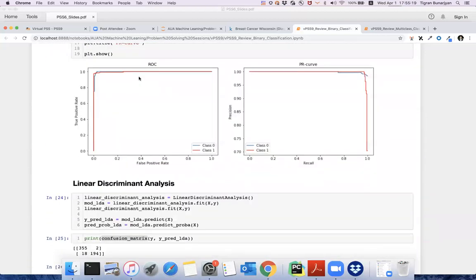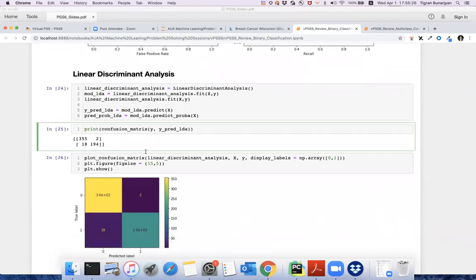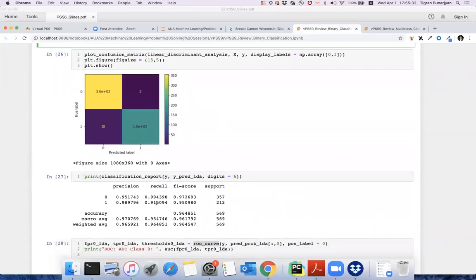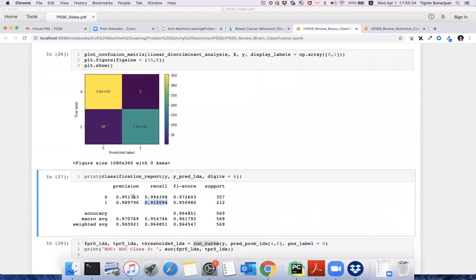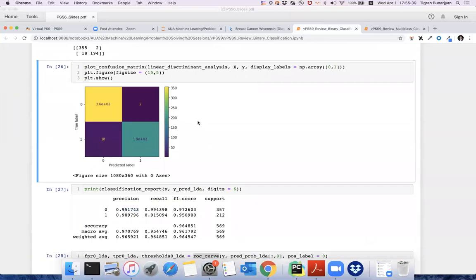Despite the fact that logistic regression works fine, the LDA also works fine, but we have unbalanced misclassifications in here, and the accuracies are not as high as in the logistic regression method. So if I had to choose between those two models, I would choose the logistic regression.